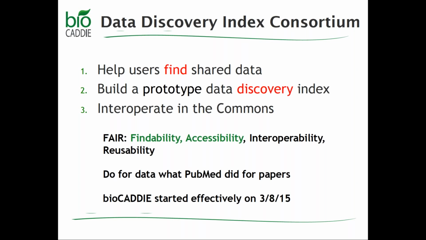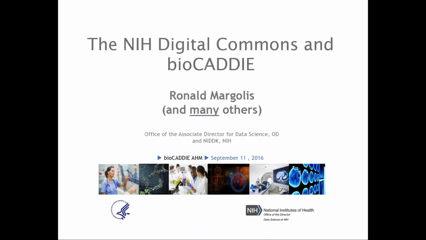Our goal is to do for data what PubMed did for papers, that is, make them discoverable and make them accessible. bioCADDIE started effectively about 1.5 years ago with our set of priorities. And I'm pleased to say that after 1.5 years, we have a lot to show.